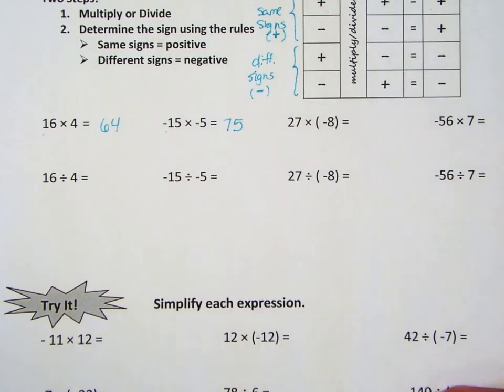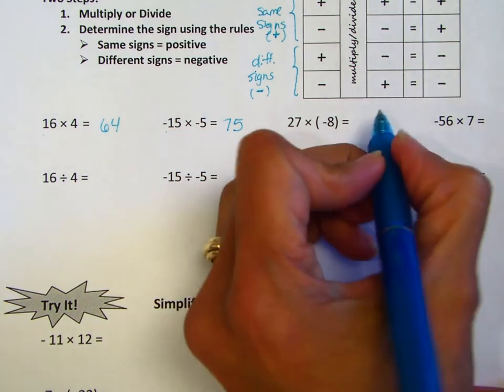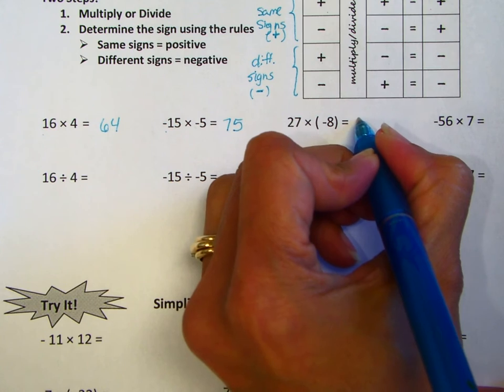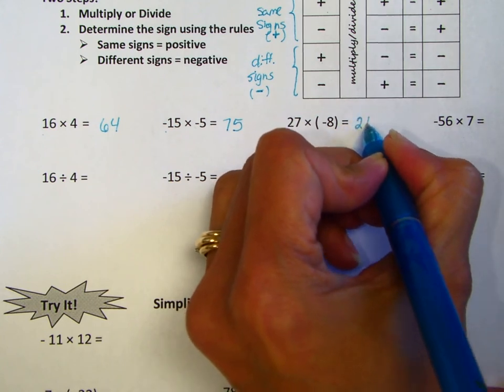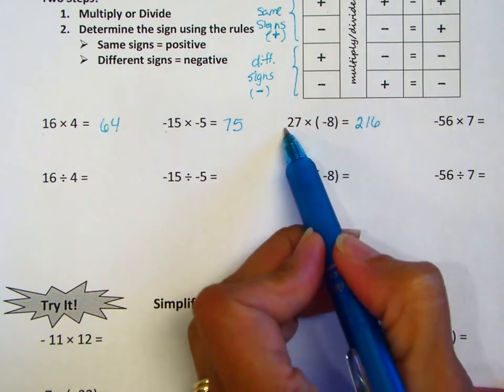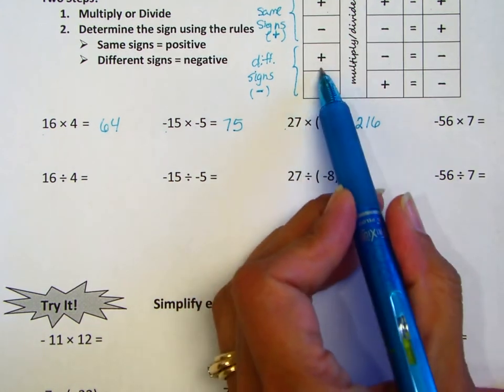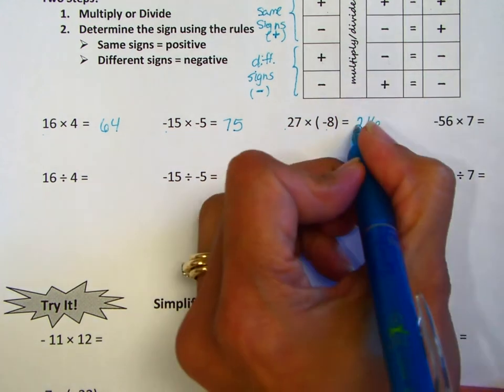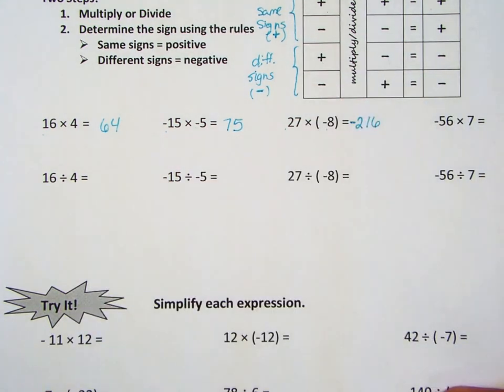27 times negative 8. That's a big number, 216. But we have a positive times a negative. So a positive times a negative is a negative. So it's negative 216.